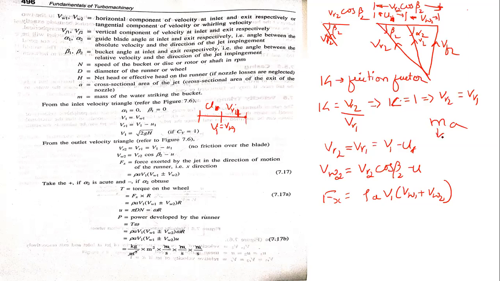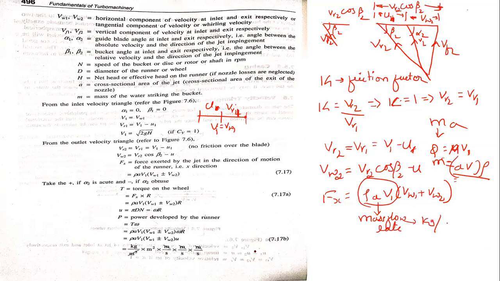A into V1 gives you the discharge, Q equal to A into V. If I multiply this discharge with density, rho A V gives you the mass flow rate, that is kg per second.